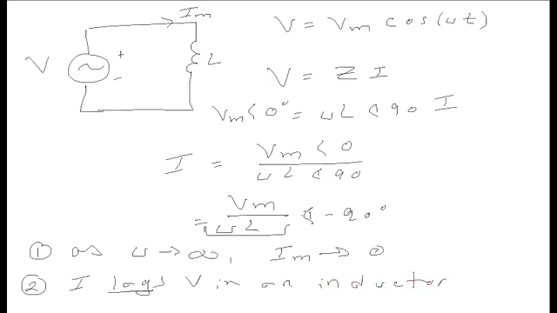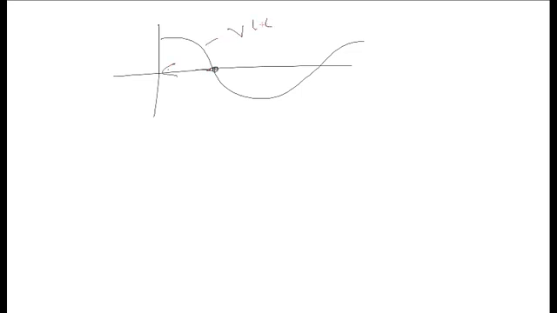And this concept of lagging or leading needs some diagrams to explain. If this is my voltage waveform, then to lag by 90 degrees means that essentially this point here is moved back. And then my current waveform, which I'll draw as a dotted line, might come down like this.